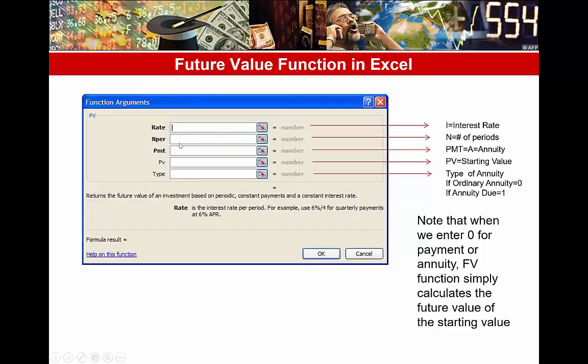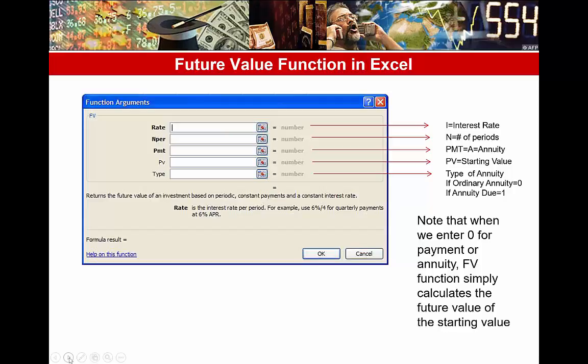So in our formula we would fill only rate, which is 7%, number of periods 5, and payment minus 1,000, and that would produce $5,740.74. So this is how the function works in Excel, and you could launch this by simply clicking on the function button in Excel.